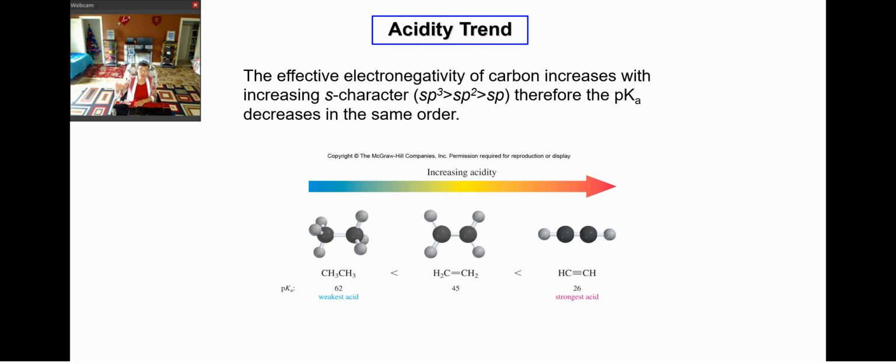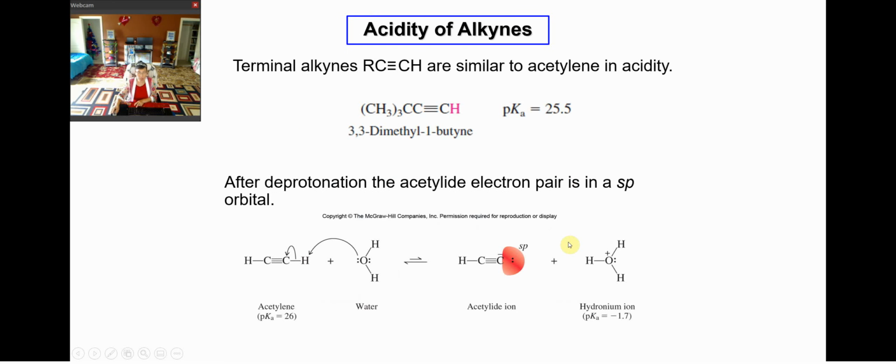Whenever you have a smaller acidity, the pKa will be bigger, such as methane and ethane, which have pKa more than 60. Ethylene is 45, and acetylene is 26. The last molecule is a stronger acid compared with the other ones.